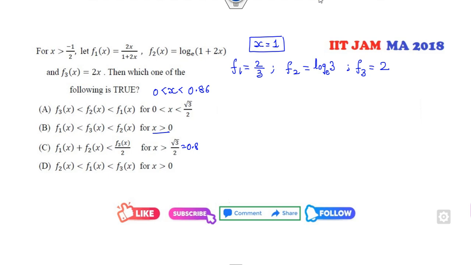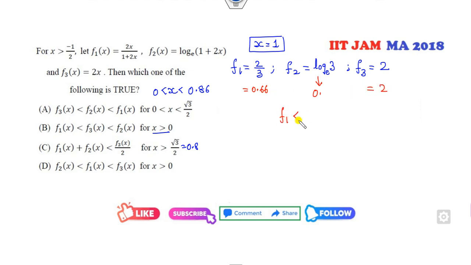Log of e, just wait, what is that? It's log of 3 divided by log of 3. To the base 10, okay, to the base e. So okay, this number is my 0.66, this number is my 2.